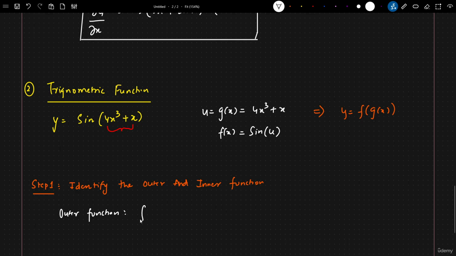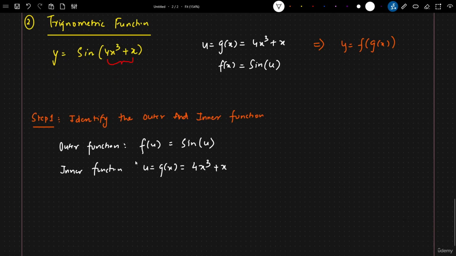Outer function is nothing but f of u, okay, and this is nothing but sine u, right? F of u is nothing but sine u, right? I can represent this entirely by u. Now similarly, the inner function is nothing but u, which is represented by g of x, and this is nothing but 4x cube plus x, right?